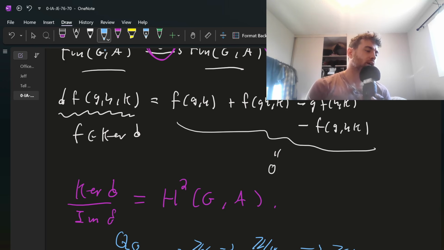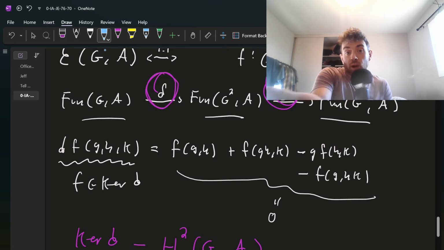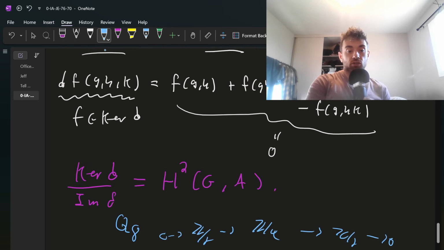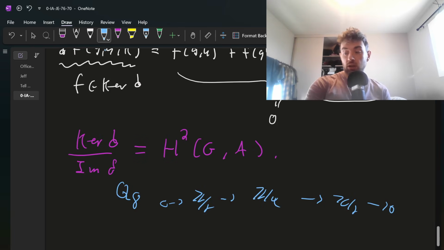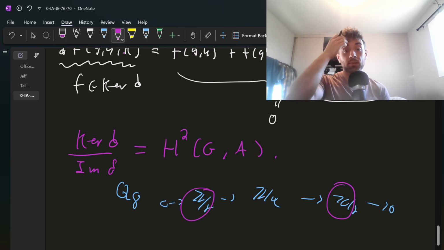So until then, I would encourage you to try and do some of your own computation. So now you have the exact rule, right? There's this kernel modulo this image. You have everything you need to completely determine the second cohomology group really explicitly. Try it with some small groups, and you'll be able to see in the next video if you got the correct answer or not.